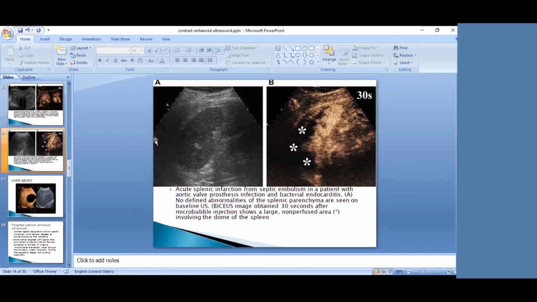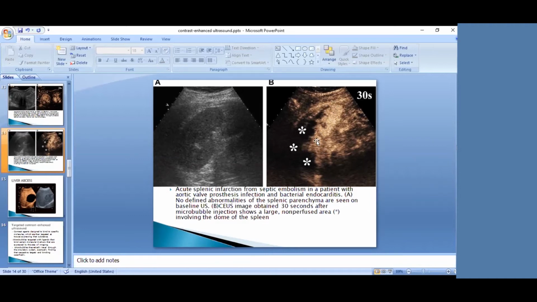There is no defined abnormality of the splenic parenchyma seen on the baseline ultrasound. You can't identify there is abnormality in the spleen. Okay, while in B, you can see this dark area, I mean this is hypoenhanced. This is a normal perfusion.